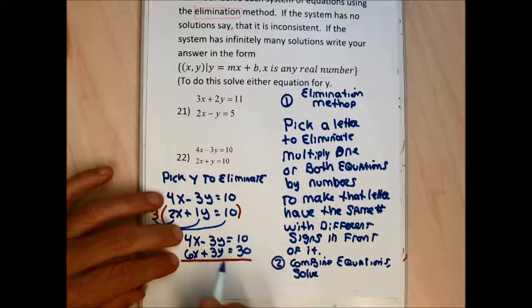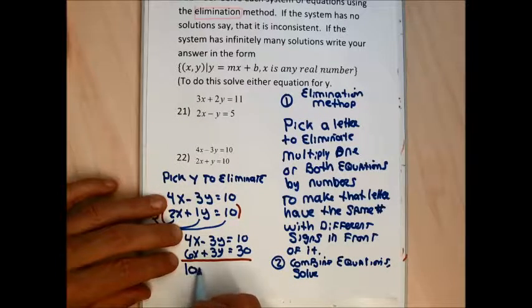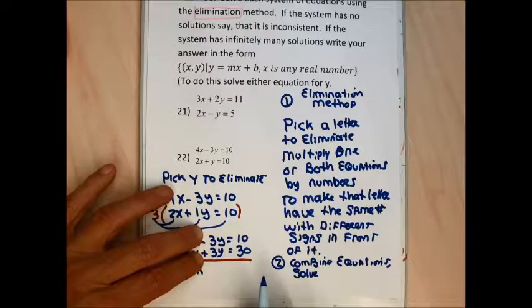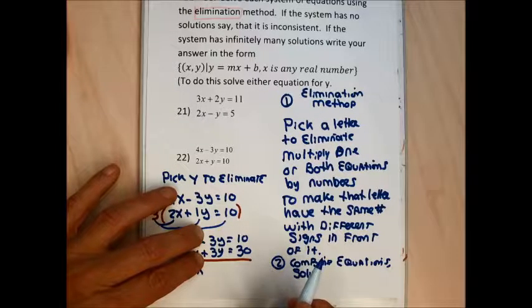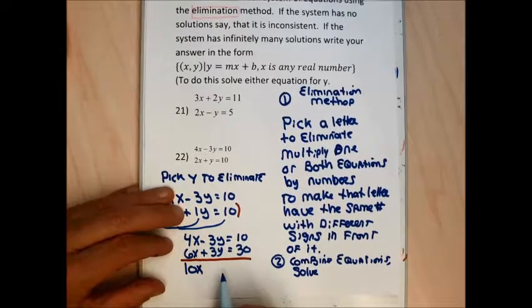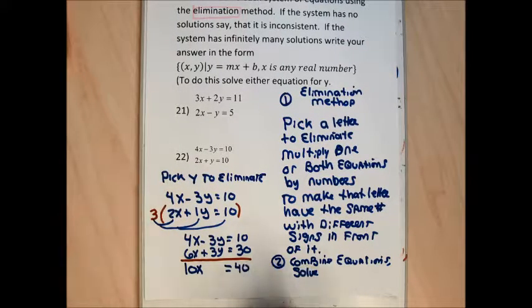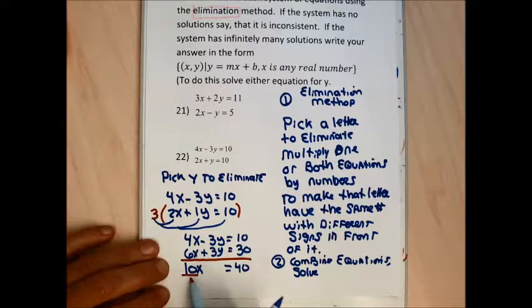The 4x plus 6x is going to give me a 10x. The y's have the same numbers with opposite signs, so they're going to cancel out, and the 10 plus 30 is going to give me a 40. And now I'm going to divide by 10 and solve for x. So this is the end of my second step. I have x equal to 4.